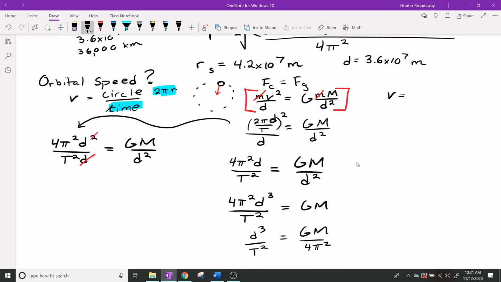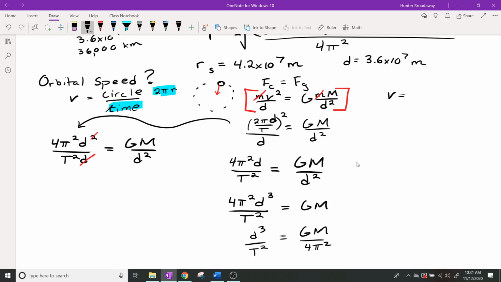Now, it may be that this 2 pi over t, no, hang on. Think about this. The time that it takes to go around the Earth isn't exactly 24 hours. There's a little bit of error associated with this answer.